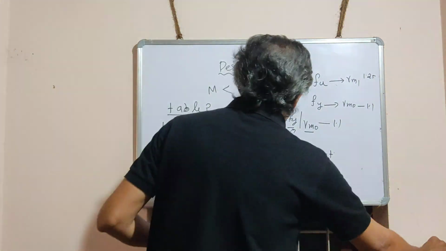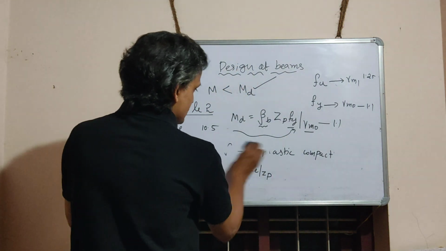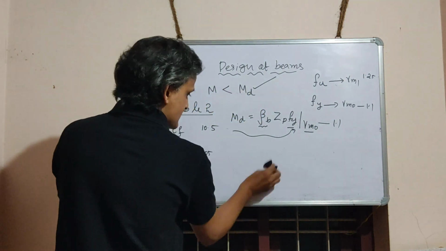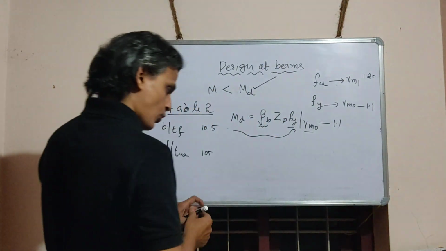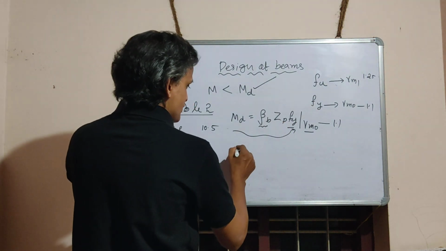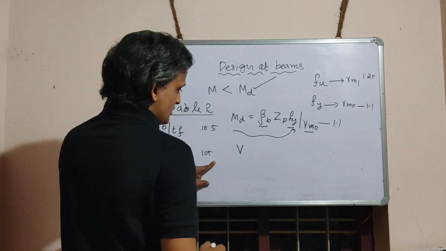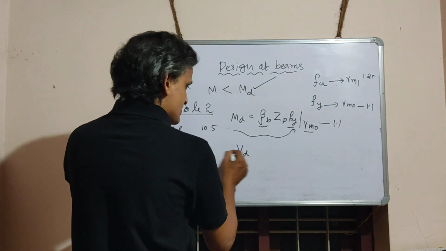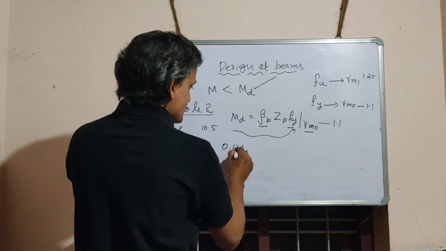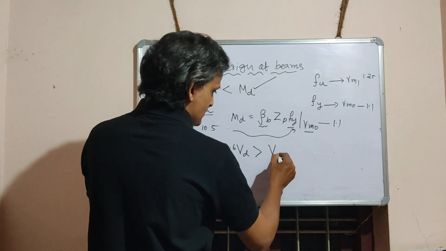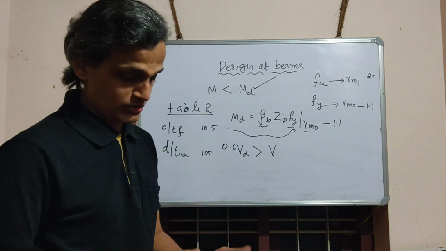This is the basic equation for calculating the moment capacity. For this, there is another clause in IS 800. In order to use this equation, 0.6 Vd, where Vd is the design shear force, should be greater than the shear due to the external load.